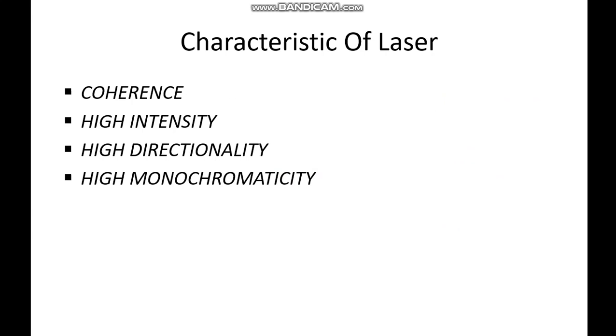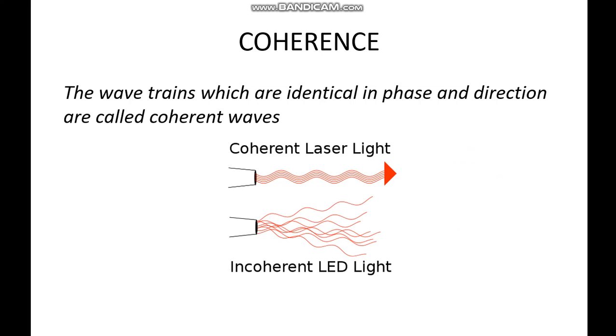Now the characteristics of laser. What are the characteristics of laser? Coherence, high intensity, high directionality and high monochromaticity. First start with coherence. The wave trains which are identical in phase and direction are called coherent waves.